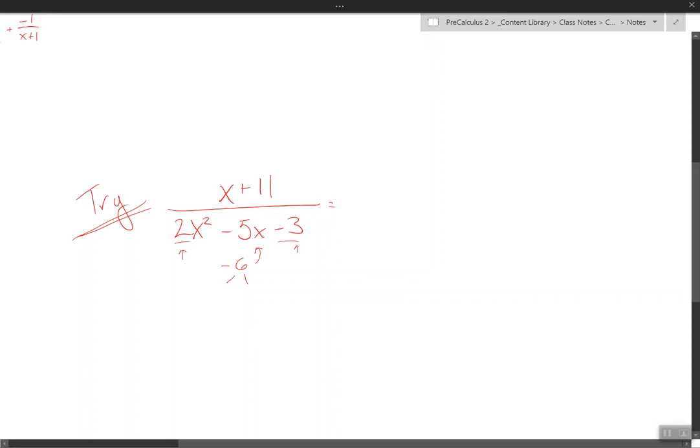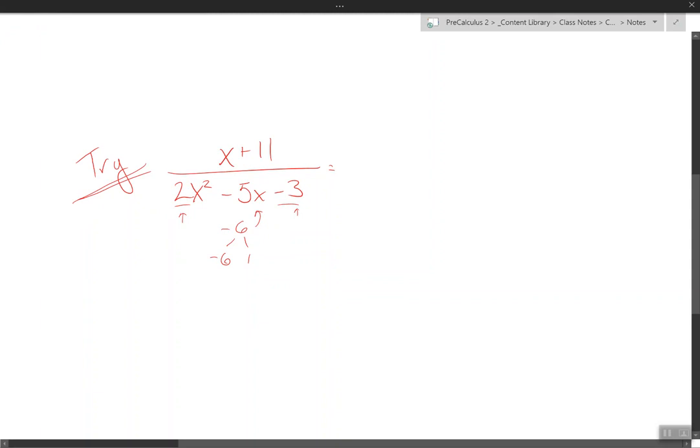Well, negative 6 plus 1 is negative 5. The only factors of 1 are 1 and 1. From the negative 6, I need to get factors that will let me make a 2 and a 3. And those factors, of course, are 2 and 3.